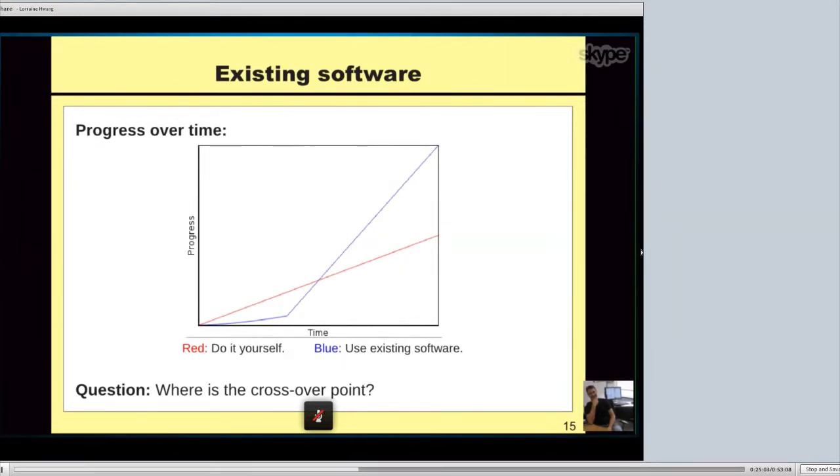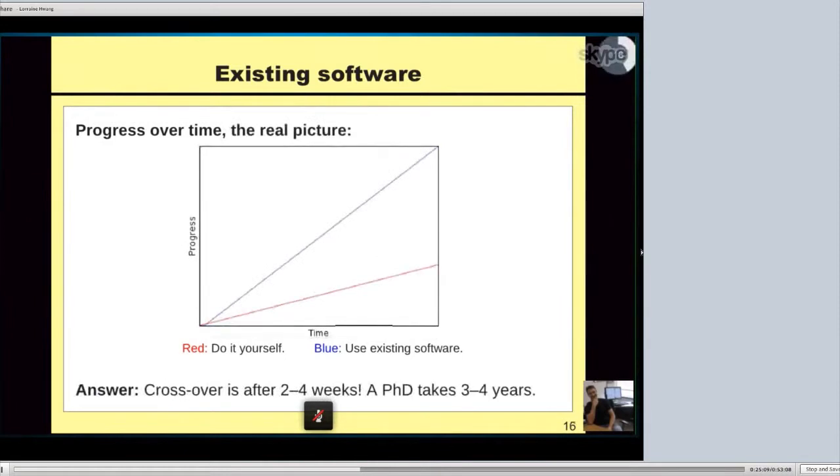But the experience that I have and that others have is that in reality the crossover point happens somewhere between 2 and 4 weeks. So I've taught courses on deal.II many times, and other people have taught courses on PETSc and on Trilinos, and I think that's our common observation, that it takes students actually not that long to understand how it all works.